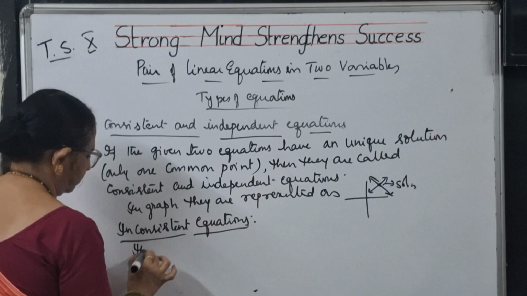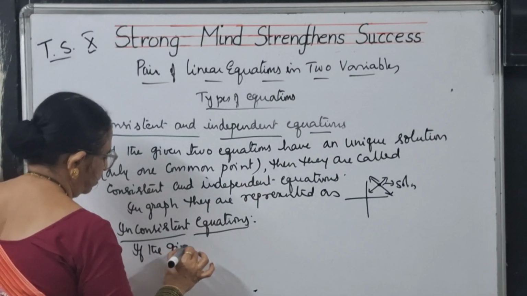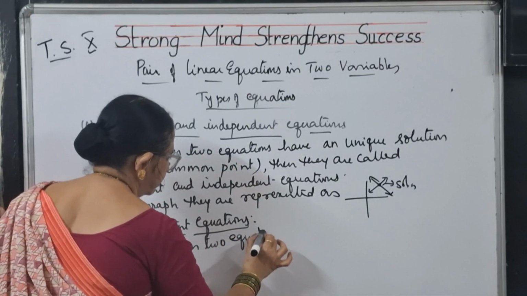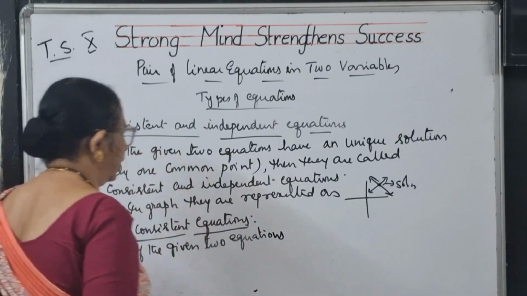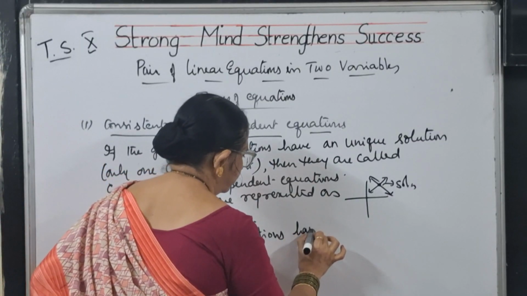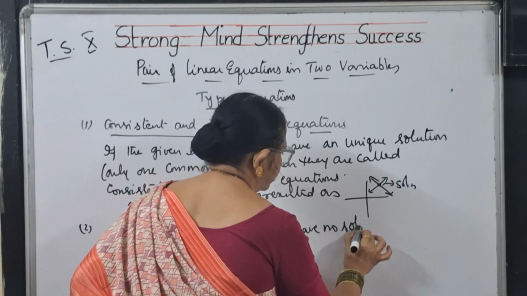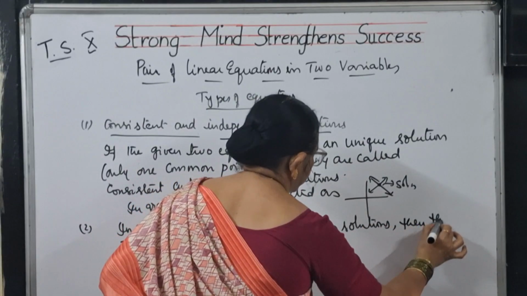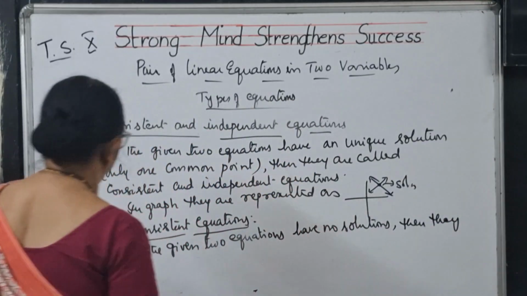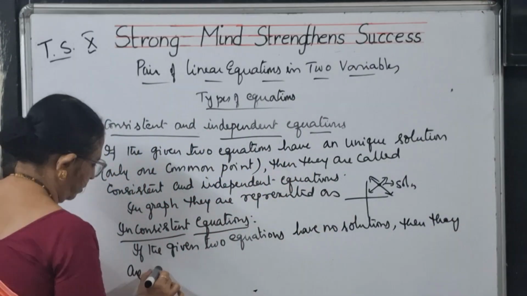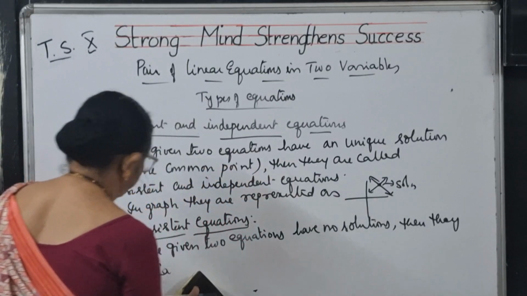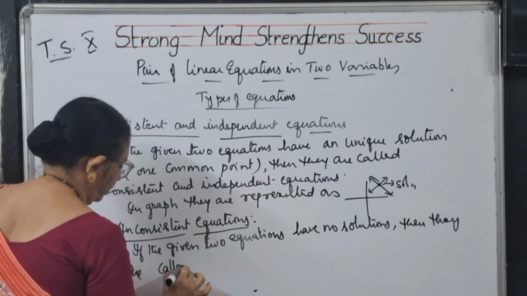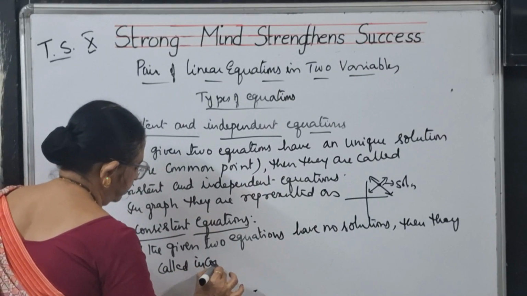That means if the given two equations have no solutions, then they are called inconsistent equations.